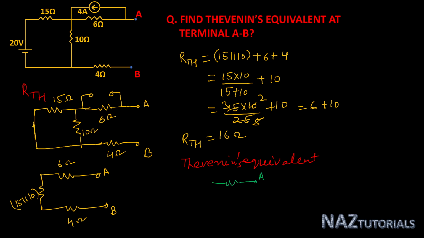This is terminal A, this is terminal B. This RTh is 16 ohm and our VTh is minus 16, or you can say this A terminal is negative and B terminal is positive. So this is our VTh, that is 16 volt. So this is the concept of finding the Thevenin equivalent at a particular terminal.